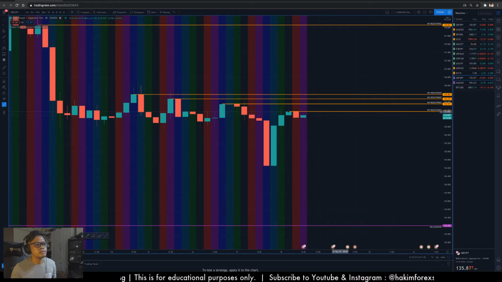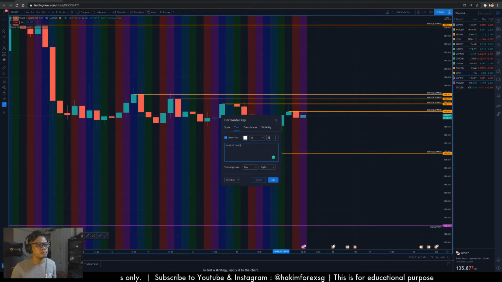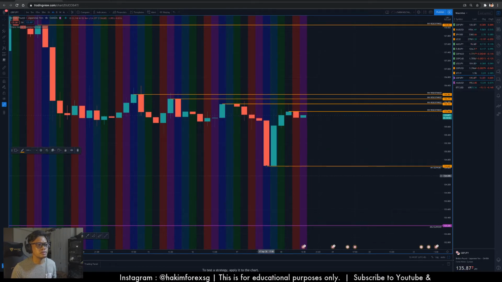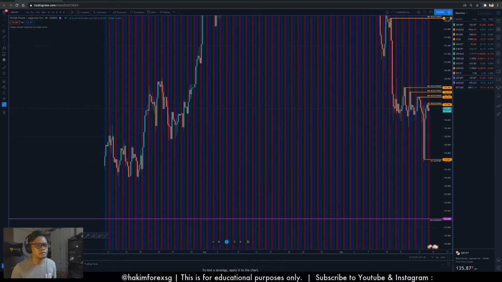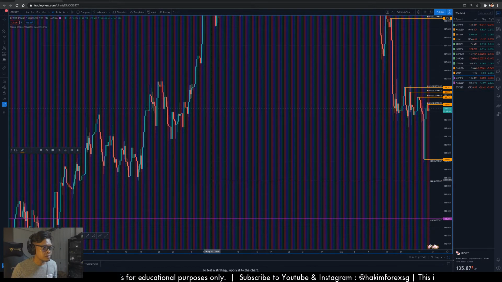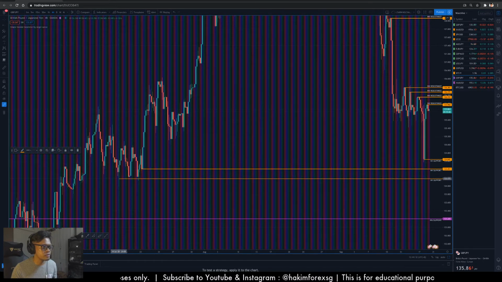And basically I just do the reverse, the support. So the last close is around here. If I go back to the previous price, it should be around here, and a strong support is around here.